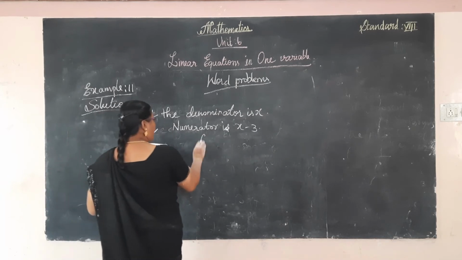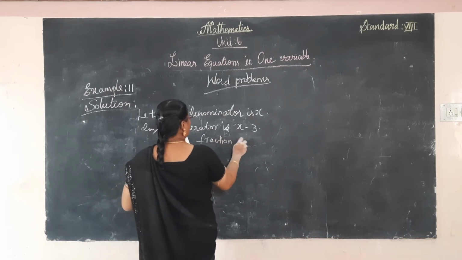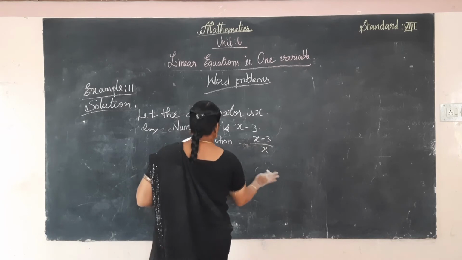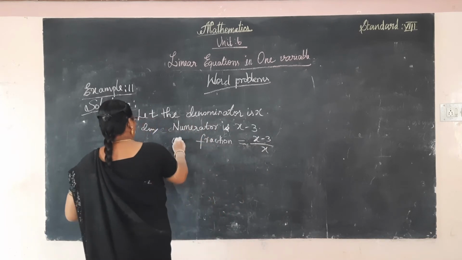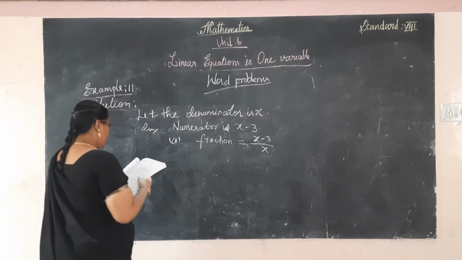And then what is the fraction? Numerator by denominator, so x minus 3 by x. So the fraction is equal to x minus 3 by x.